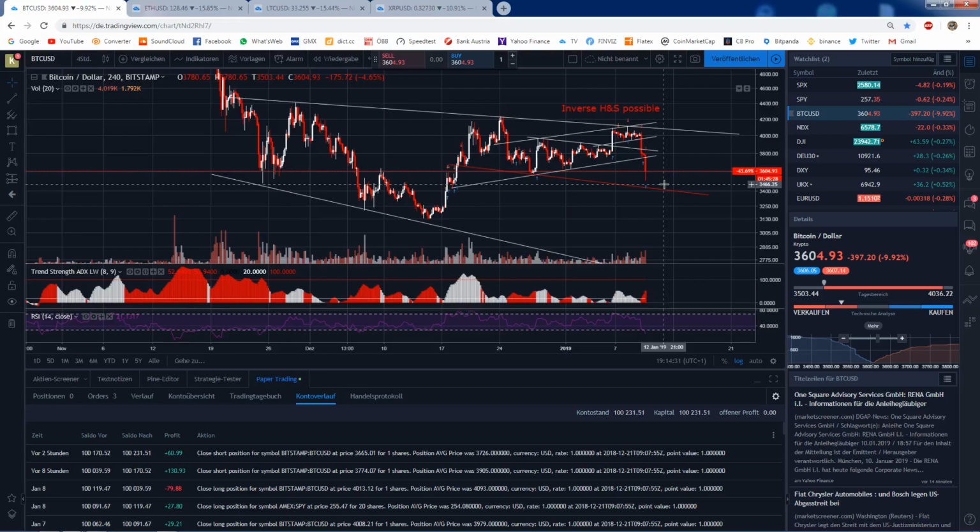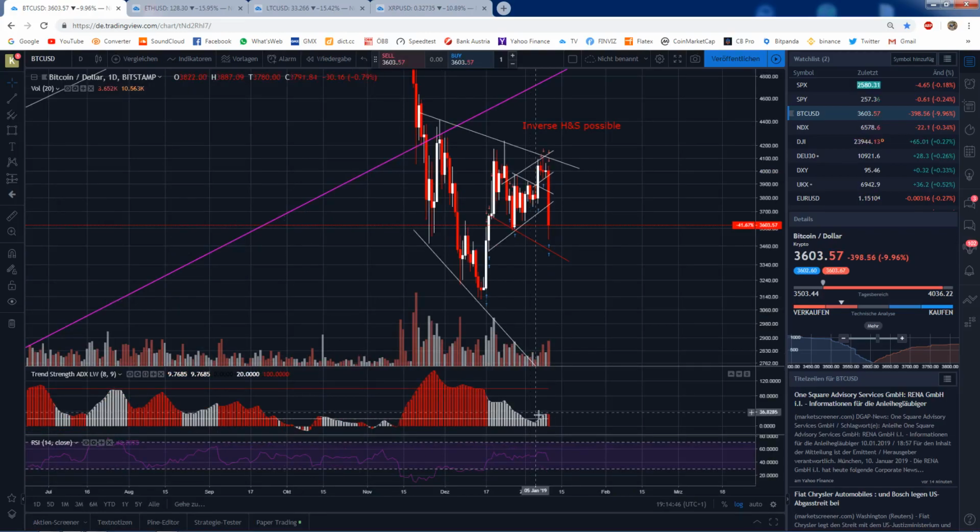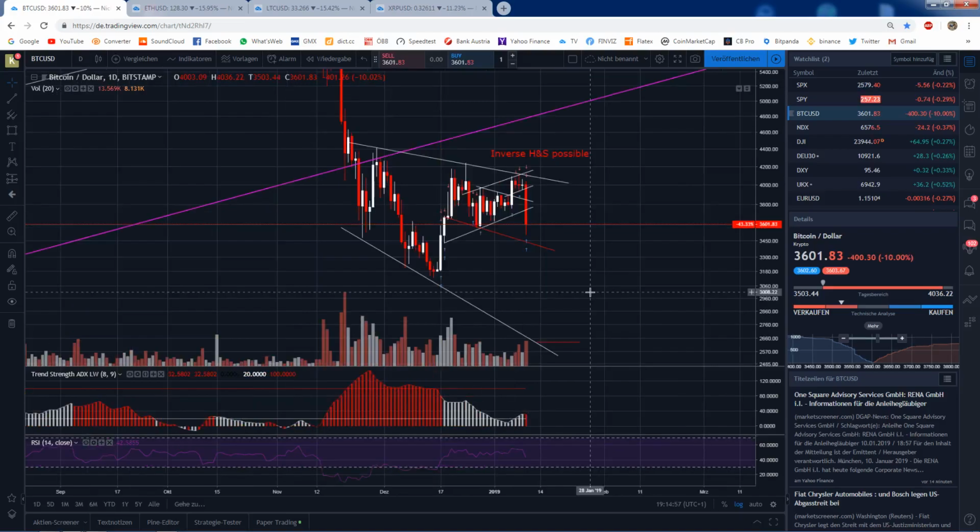Also, what is interesting, if you look at the daily, we now have a rising ADX line, and the average is declining. You can see usually in a bear trend you can see this right here.